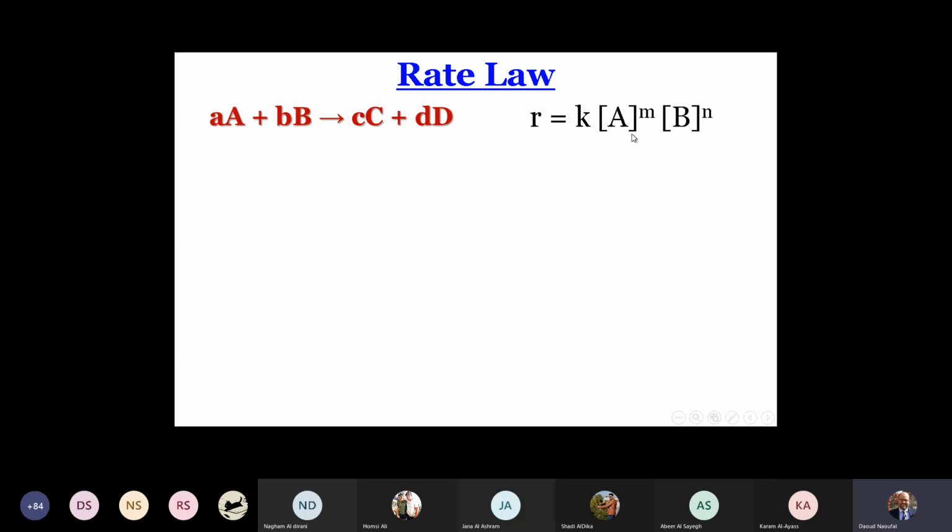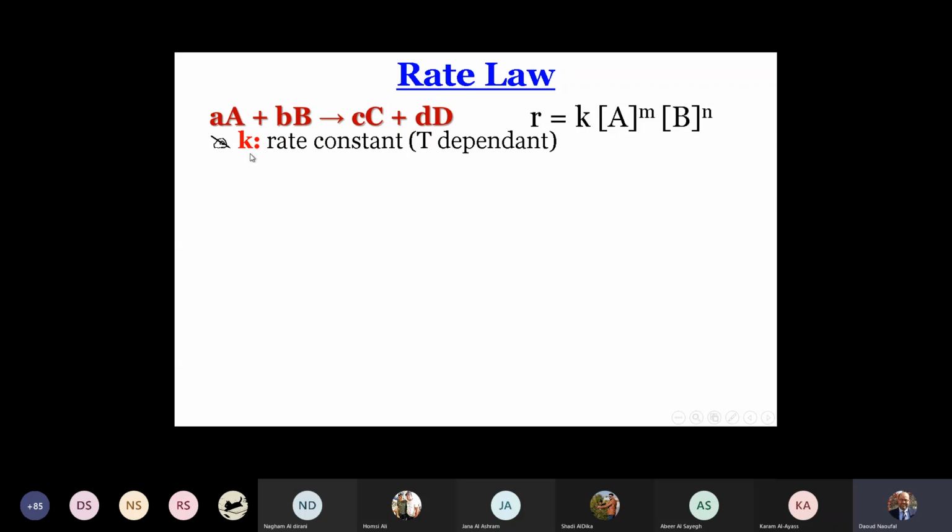But the effect of the change of the concentration of A on the rate is not in general the same as the effect of the change of the concentration of B on the rate of the reaction. For this reason, we use the terms m and n to indicate the effect of the change of the concentration of A and B on the rate of the reaction.